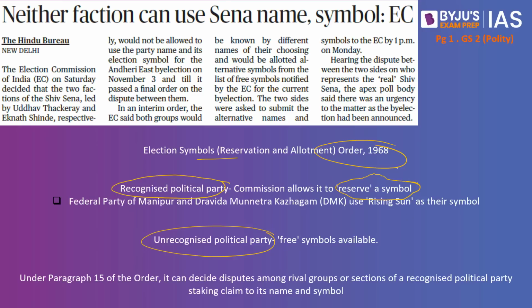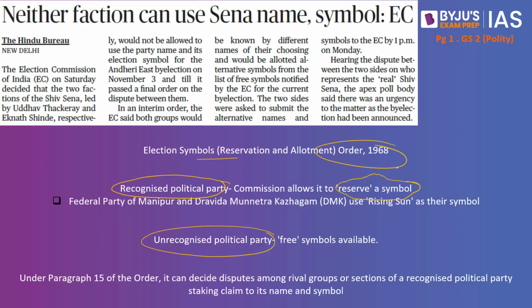So the symbol given to a national party is only given to that party at the national level. For example, you have the lotus for the BJP and the hand symbol for the Congress. Can any other party use this symbol? No. It is restricted to this national party at the national level. Similarly, a political party can be restricted at the state level as well.